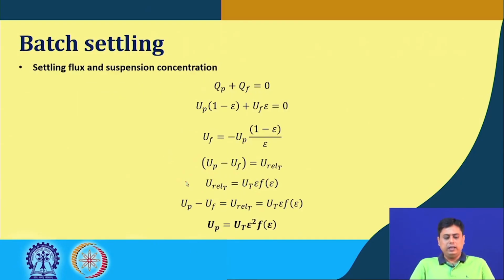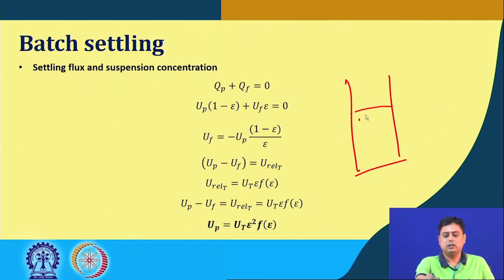Now, in the case of batch settling, say you have a measuring cylinder, and there is a pool of liquid with some solid particles now settling. At a certain time t, these particles will sediment or settle at the bottom of this measuring cylinder.